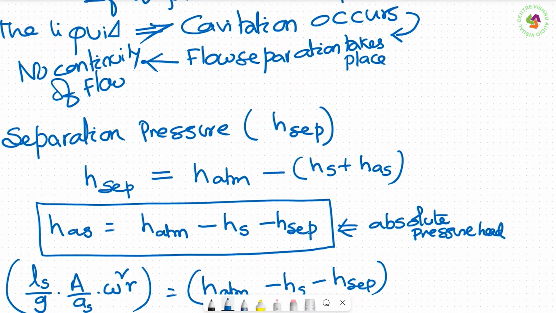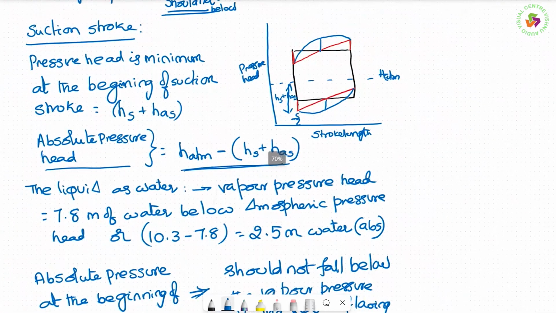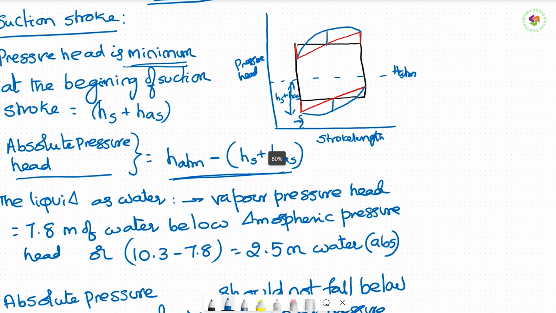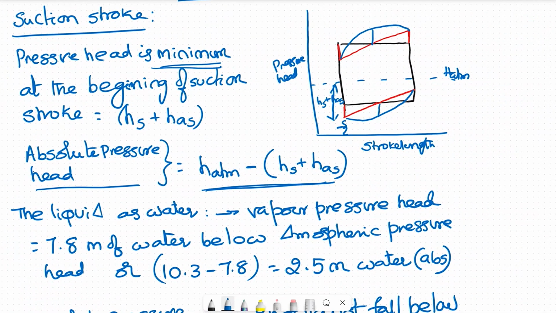During the suction stroke, what we understood finally is that if separation occurs, it is only at the beginning of suction stroke, because the pressure is minimum there, that means when theta is equal to 0 degrees. That is why we find the absolute pressure head.